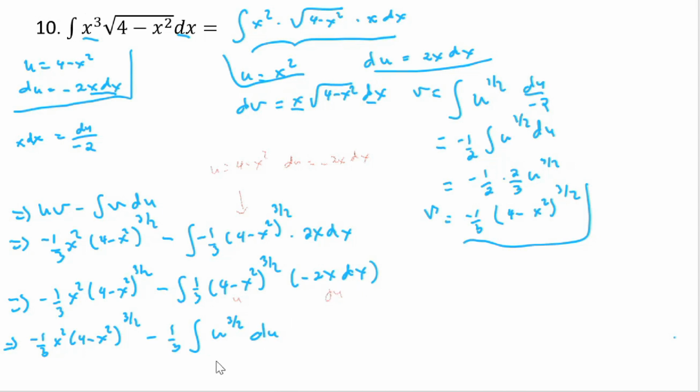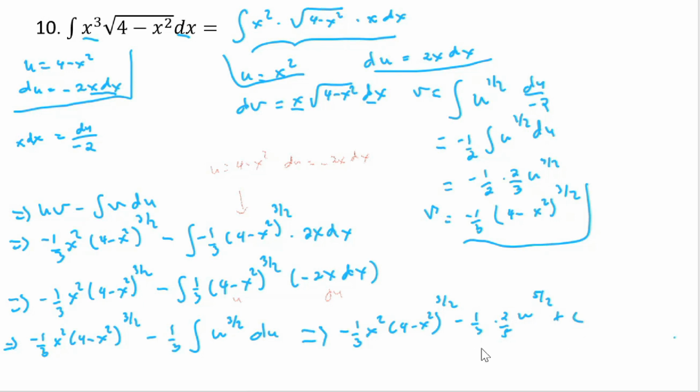So it is now easier to integrate by using the power rule. So I will just write my answer here. So this is now copying the product of uv in the first term. I have negative 1/3 of x squared times 4 minus x squared to the power of 3 halves minus 1/3 times u raised to 5 over 2 over 5 over 2, or I will take the reciprocal of 5 over 2, which becomes now 2/5, then plus a constant.